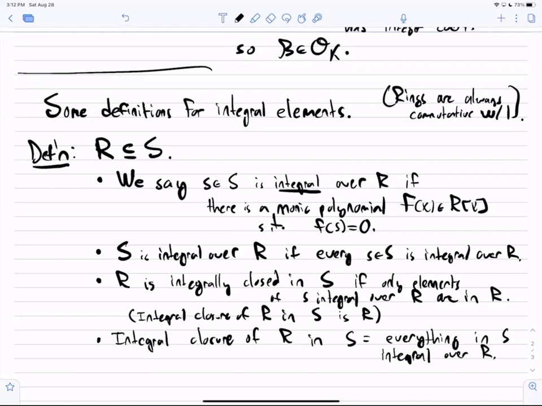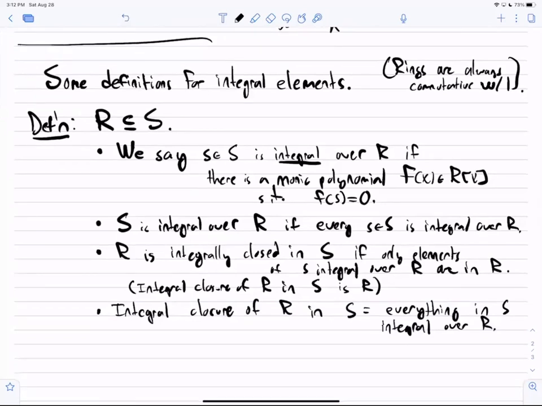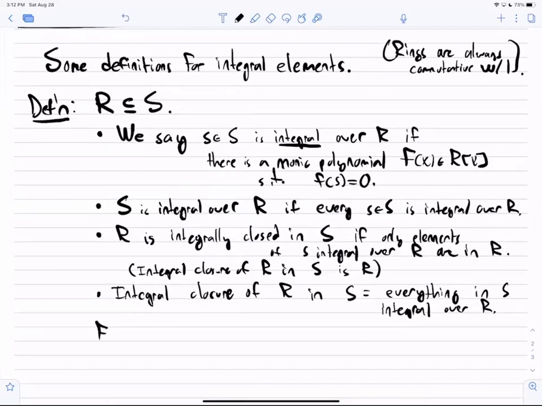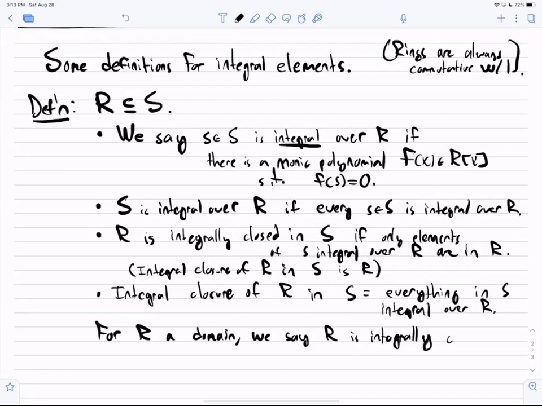In particular, for R a domain, so if R is an integral domain, we say R is integrally closed if it is integrally closed in its fraction field.